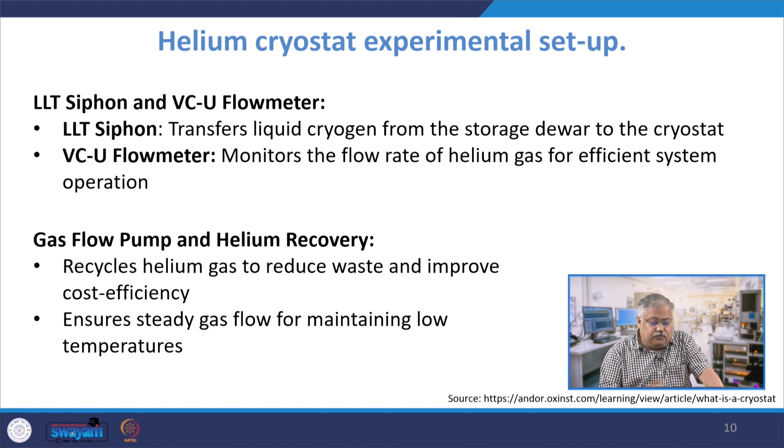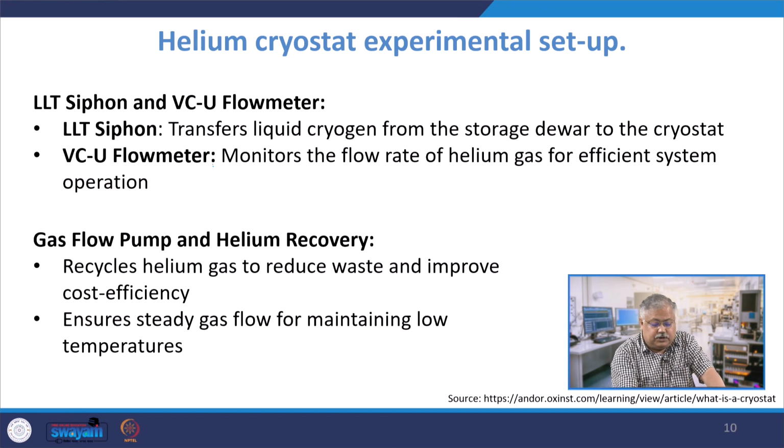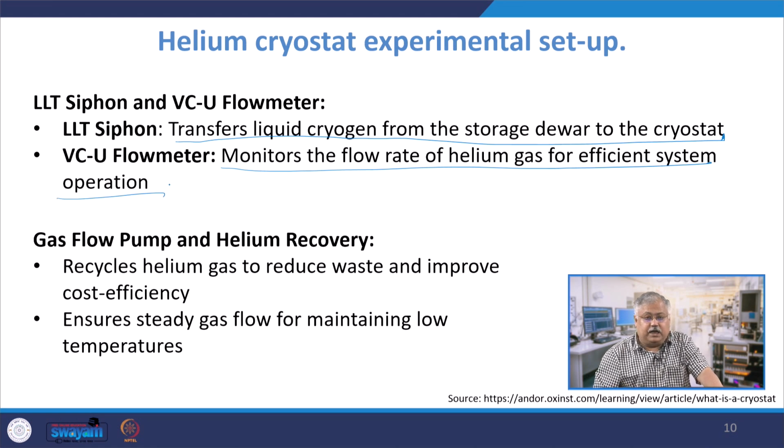If you look at the VTI flow meter and the siphon unit, basically this siphon unit actually does a transfer, right. Look at this one, the VTI flow meter. So the LLT siphon helps you to transfer liquid cryogen from the storage dewar to the cryostat, and therefore there is a flow meter that actually sees the flow rate of the helium gas. Both of these are external temperature controllers in a sense.